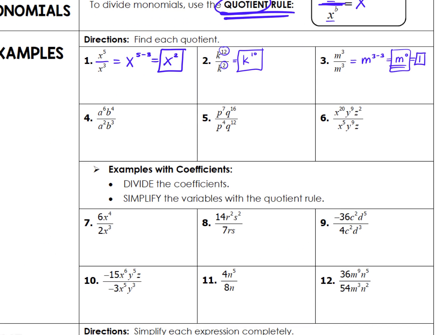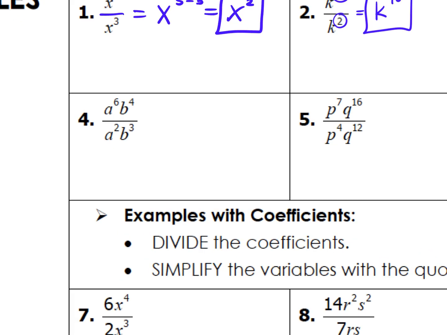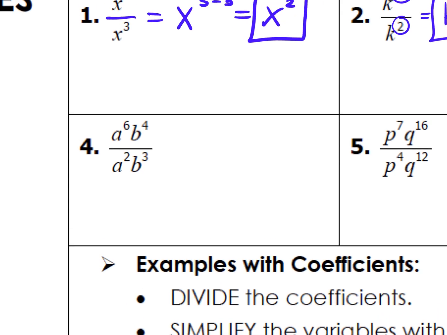Okay, let's look at number 4. Anyone think they know what that becomes? A to the 4th and B to the 1st. What operation do you suppose is happening between the A and the B?